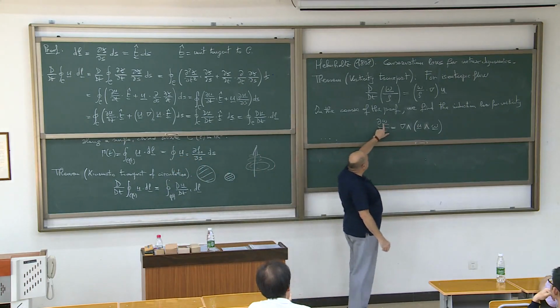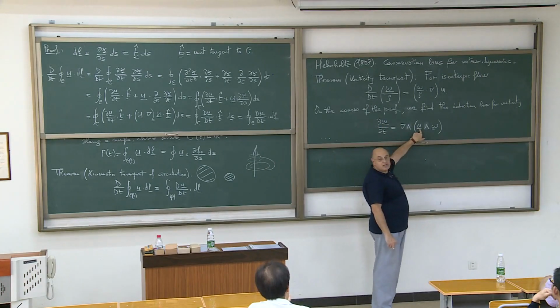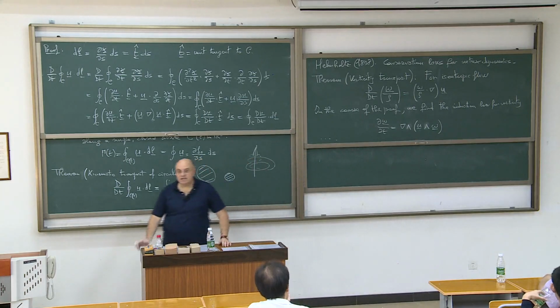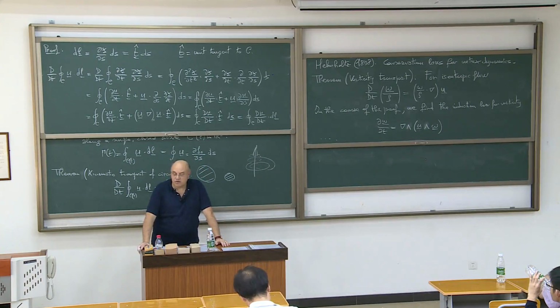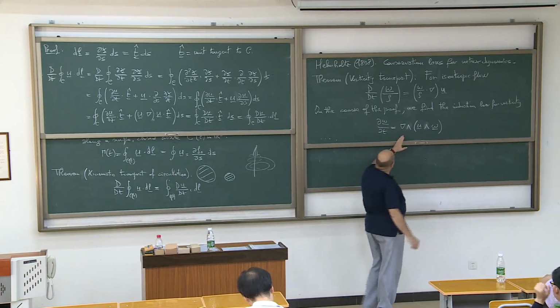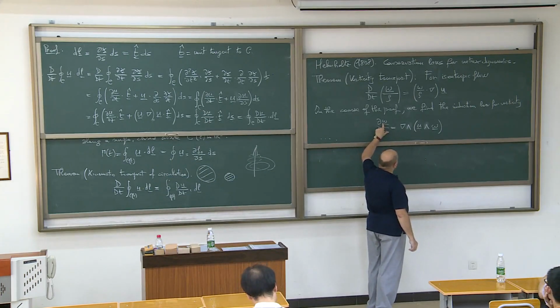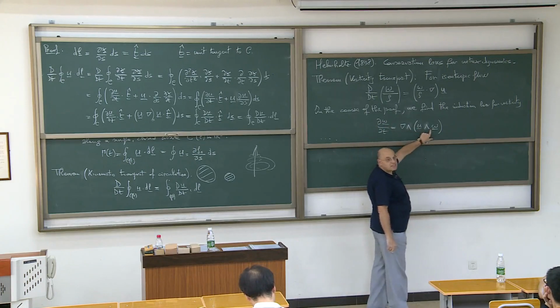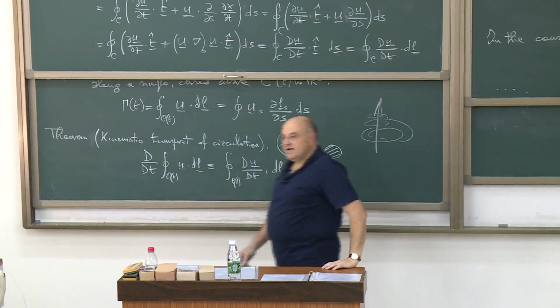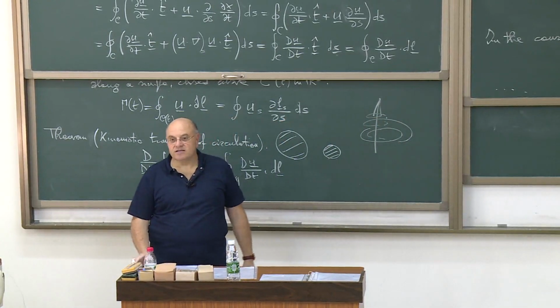But here is a different story, because the change in time of omega is related to U. Indeed, omega is the curl of U. So this is highly nonlinear, and that's why it's so difficult to understand. In order to compute omega, we need to have U that is related to the curl. And so the two talk to each other.